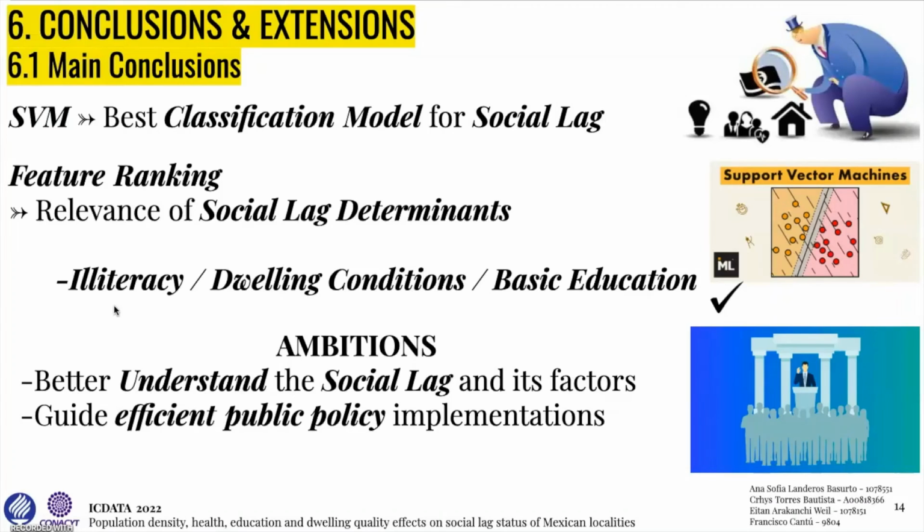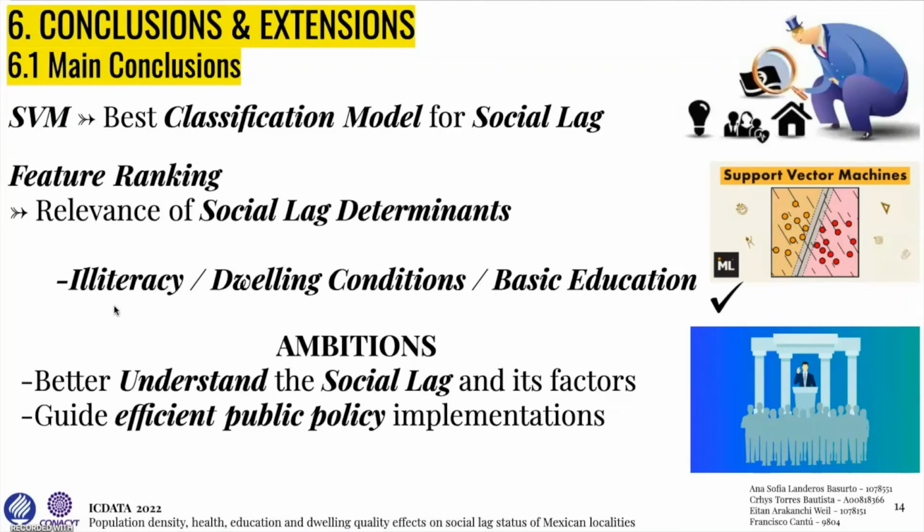High social lag, poverty, and inequality are the combination of undesirable factors associated with the lack of growth and development of Mexico. The SVM model of this project proposed measuring or predicting the effectiveness of public policies for social development in Mexico in terms of social lag index status.